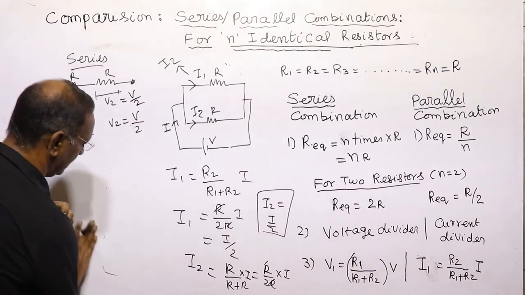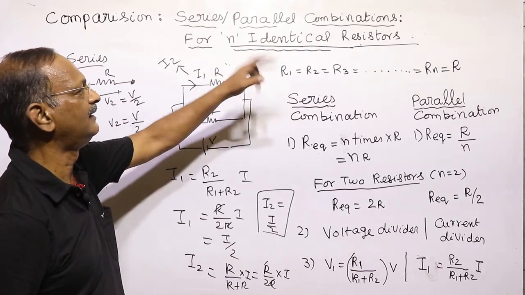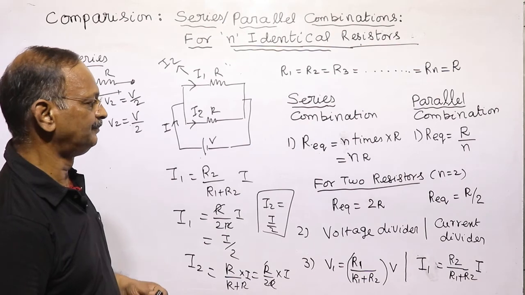This is the difference we have to find out. This is for a series combination of n identical resistors.